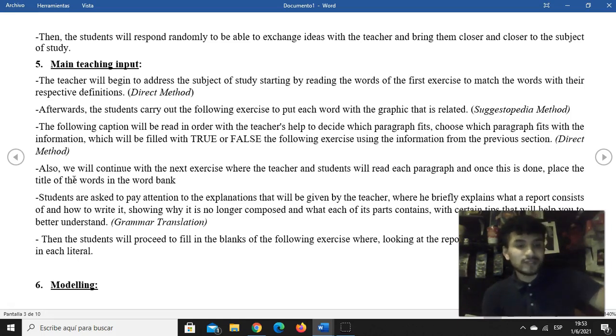It is grammar translation because I'm only going to give my students some tips to understand better. Then the students will proceed to fill in the blanks of the following exercise, where, looking at the example, they will fill in each item.